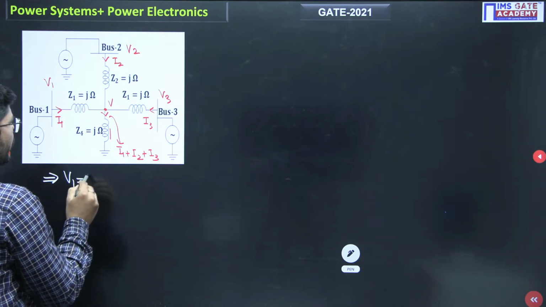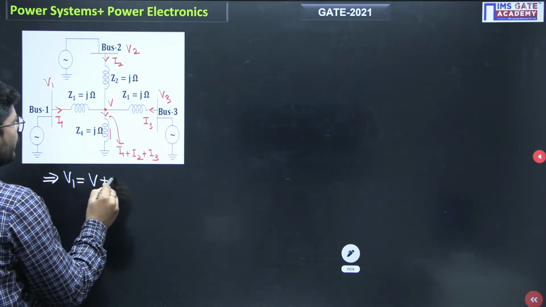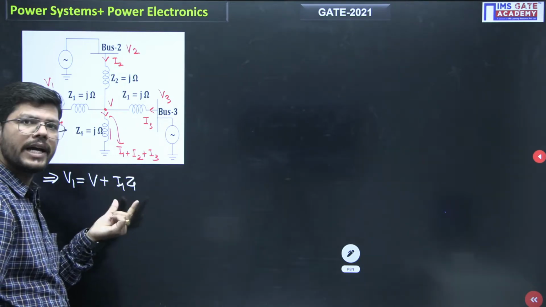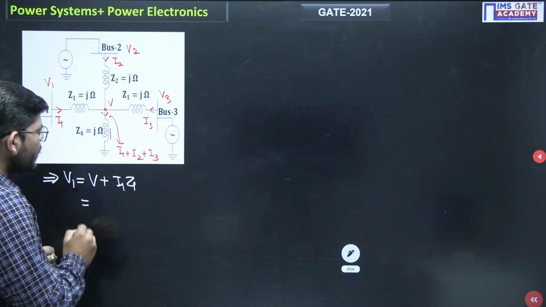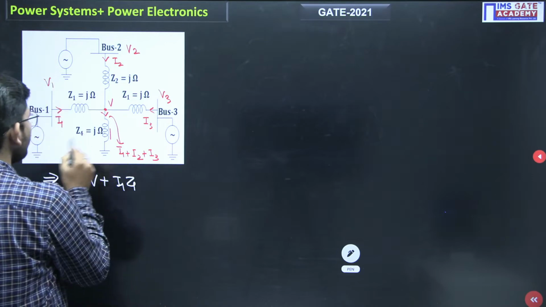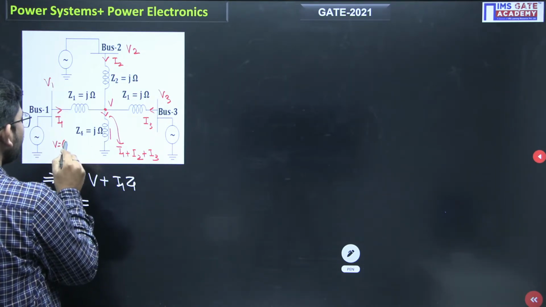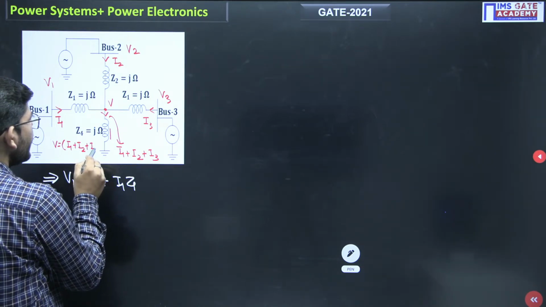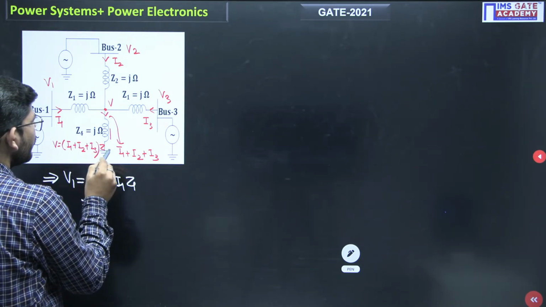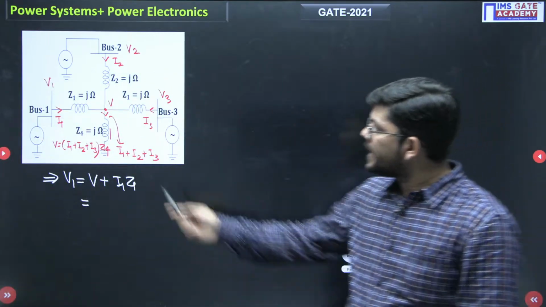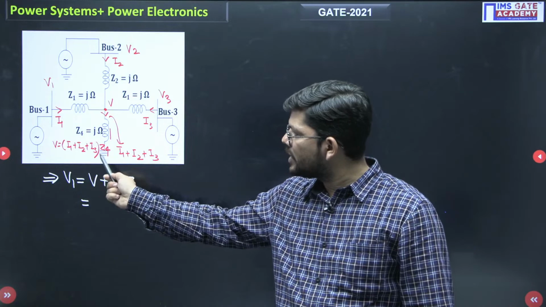You will get that the voltage V1 equals V plus I1 into Z1, isn't it? Now, what is voltage V? In this figure, what can you write about V? V is simply I1 plus I2 plus I3 times Z4. Is that clear? Tell me. The voltage V will be I1 plus I2 plus I3 into Z4.